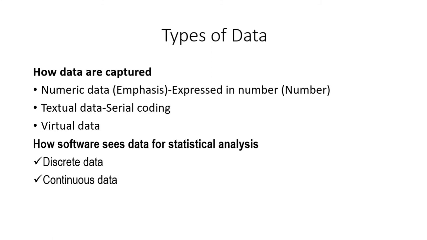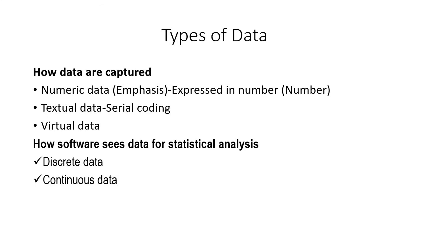The next thing we can also see is how data is seen from the perspective of statistical software and from the perspective of statistical analysis. If you look at that context, data can be classified as discrete or categorical data.